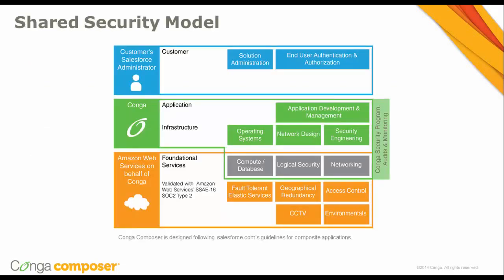Now on to the details to explain Conga Composer's shared security model and how your data is protected when using Composer. Conga Composer is a highly secure and resilient cloud-based Salesforce application that generates documents, presentations, and reports utilizing data from within your Salesforce instance.